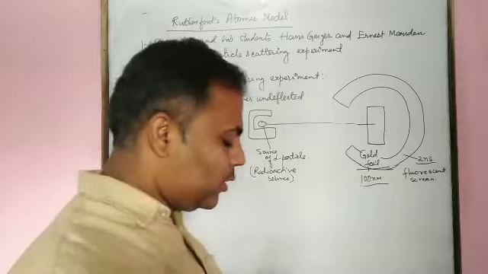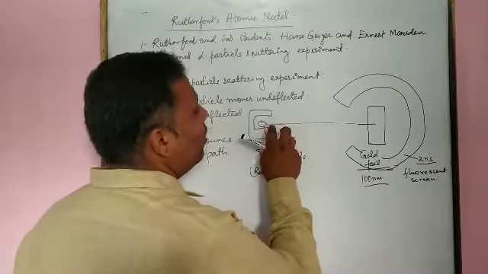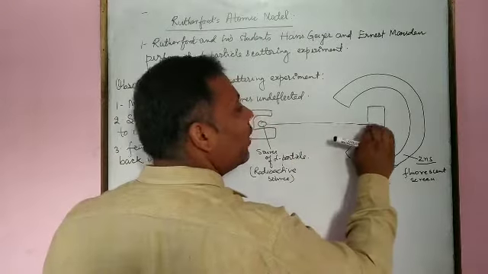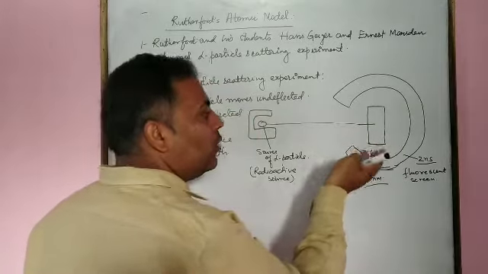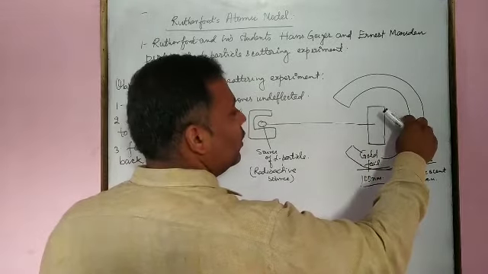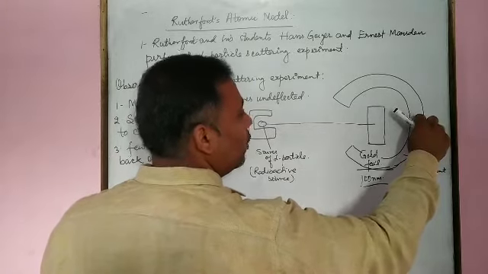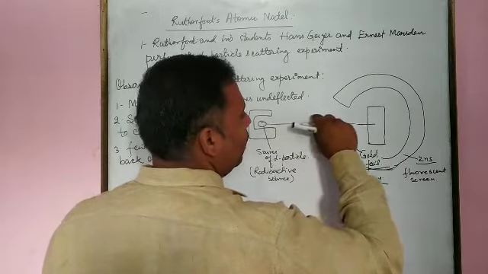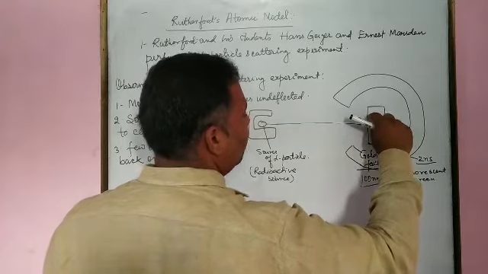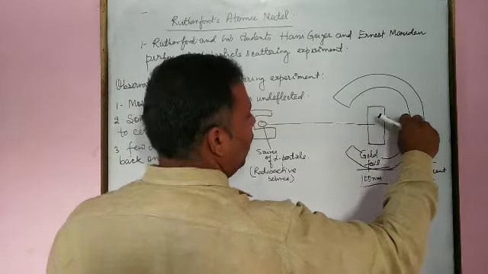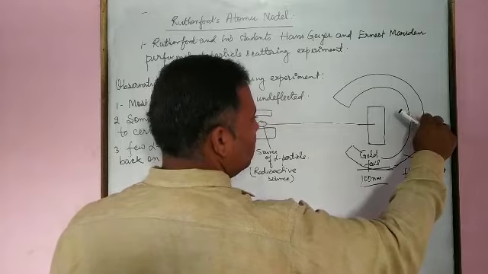What were his observations? He observed that most of the alpha particles pass undeflected. How did he know that most of the bright concentration is produced here? Because most of the alpha particles pass undeflected, they move through this gold foil and reach the zinc sulfide screen here.